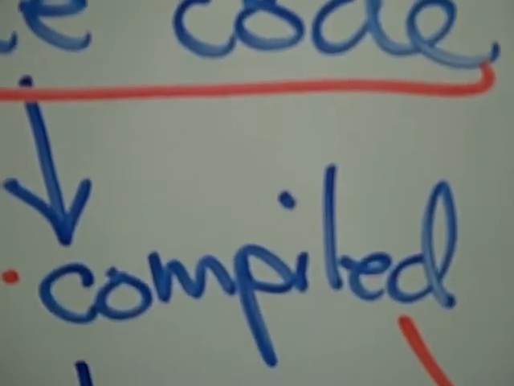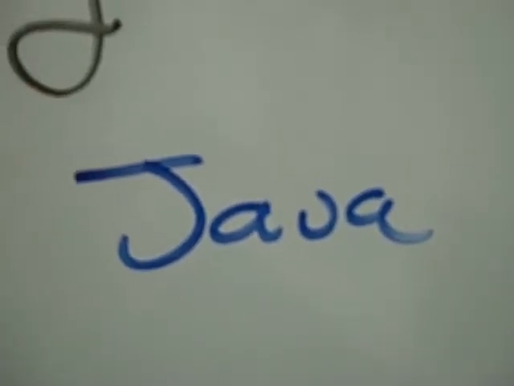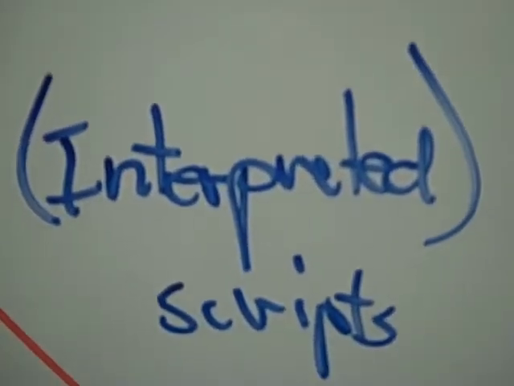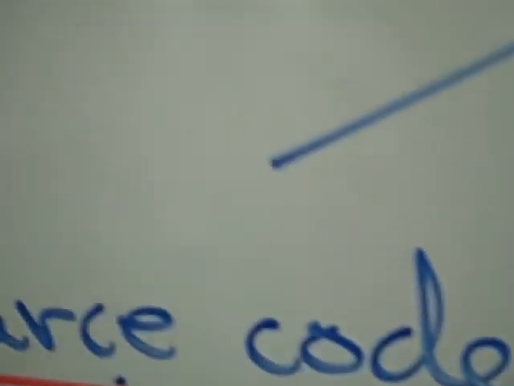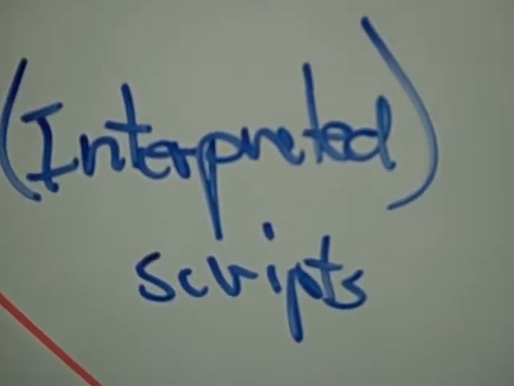Now, besides compiling, we can also interpret. This happens on the run, and you'll see this with scripts. Like you might know there's a JavaScript that needs to run in your browser. Well, it's going to run some code, but it's going to interpret it. It's going to take the source code and interpret it on the run when you need to use it.